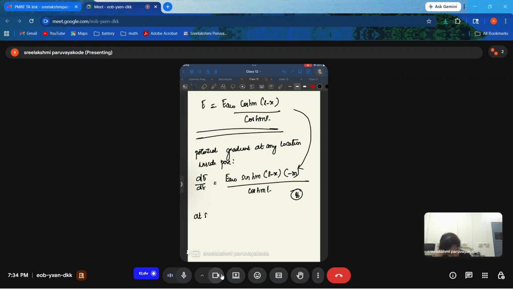Now at surface, we know that the potential gradient is not 0. I'm going to find out what is the potential gradient at x equal to 0.